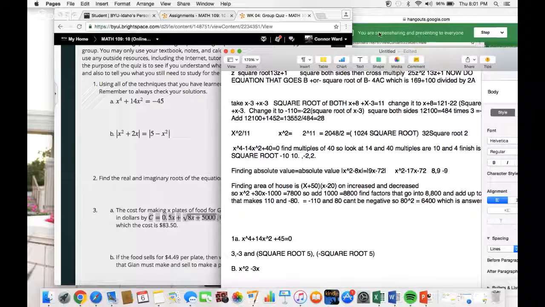So wouldn't it just make 2x squared plus 2x minus 5 as the problem? Oh yeah, that makes more sense. Plus 2x, add that over.